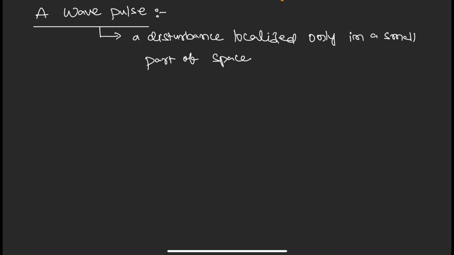So next one, if I go on, this is the pulse. I'm showing this is a wave pulse. If the pulse is propagating in this way, its velocity is towards the left, and this can be written with a negative sign.